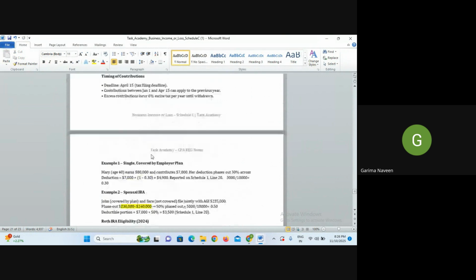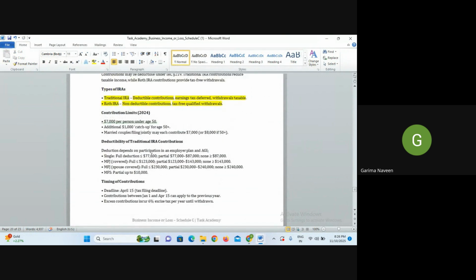So basically in IRA you have two kinds of plan: traditional IRA and Roth IRA. Okay, so basically with traditional IRA, no problem, you can deduct your contribution and pay tax on the distribution. But for Roth IRA, you do not get any deduction for contribution, and thus do not have to pay taxes on the distribution. Generally, this happens.